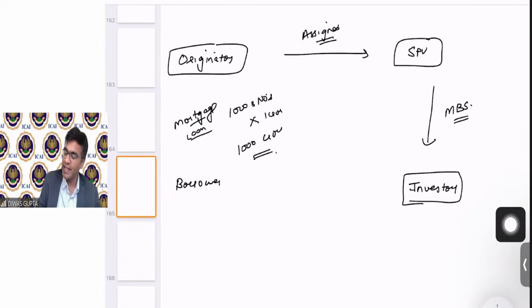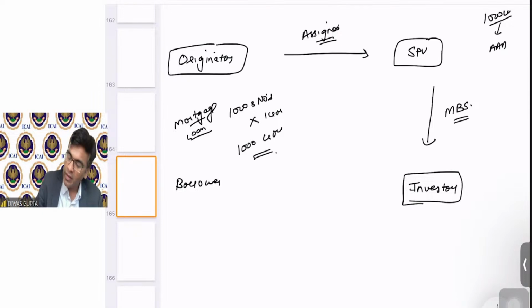The rating agencies would have rated this 1,000 crore book value as, let's say, AAA or BB or whatever they think, as per their process. They would have gone through and checked these amounts and hence given an overall rating. Now, what investors are there? There are multiple investors in this. As I said, there is an investor called pension funds.